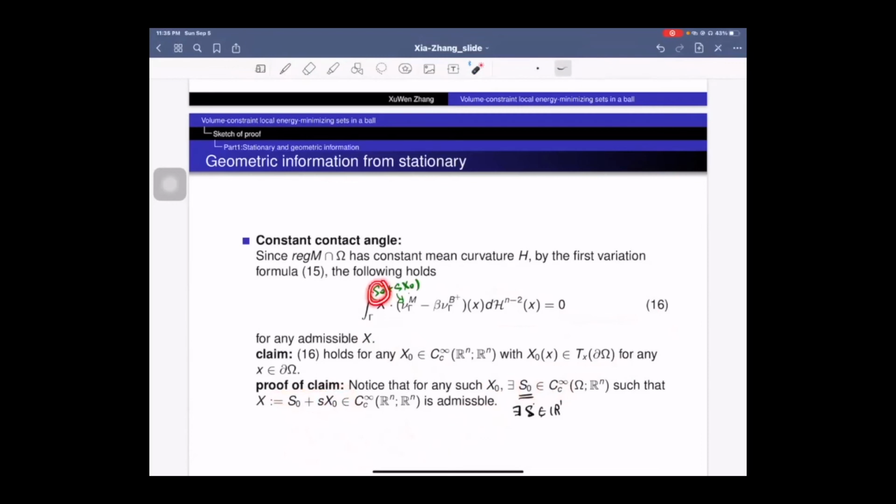And since S0 has compact support, at the boundary S0 is 0. And for this constant S, we can take it outside the integration. So we finally see that this formula holds for any x0 with compact support and tangent to the boundary.